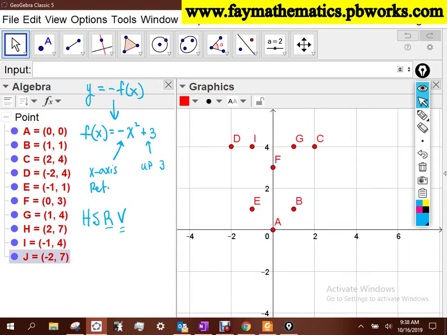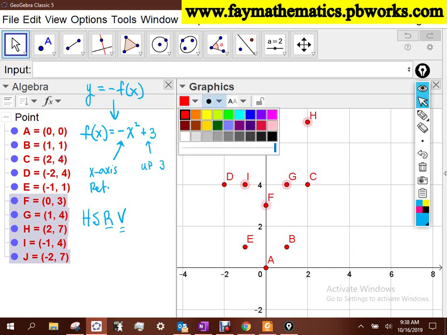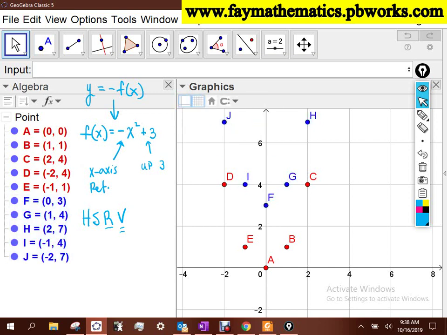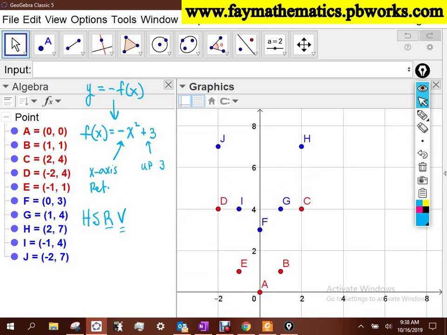So let's go with those. I'm going to take those and make them blue. That's just taking the red ones and shifting them up 3 units, right?